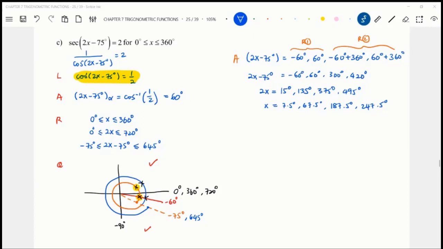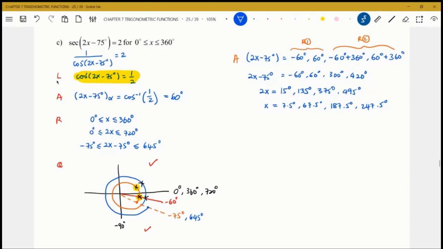Hebatlah kamu. Bagus, bagus. Sebab yang ini akan keluar dalam assignment dan possible juga untuk keluar dalam chapter 9, sekiranya dia minta solving selepas differentiate. Okay. Alright, so Faiz nak negative 60.